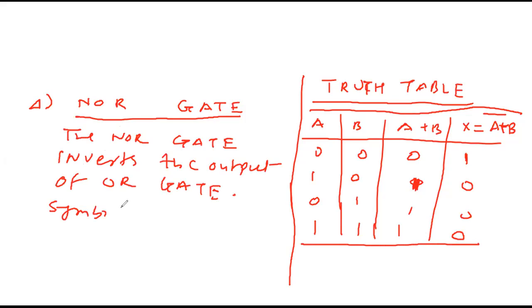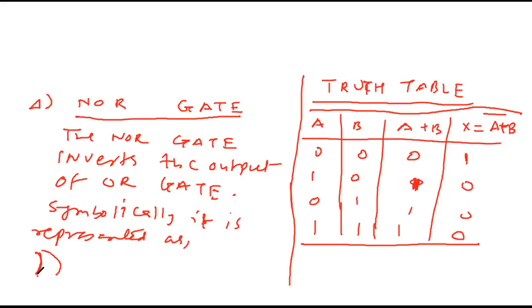Symbolically, it is represented as follows. This is the OR gate, with a circle showing inversion. So A, B give A plus B, and here it becomes its complement. Draw the diagram.